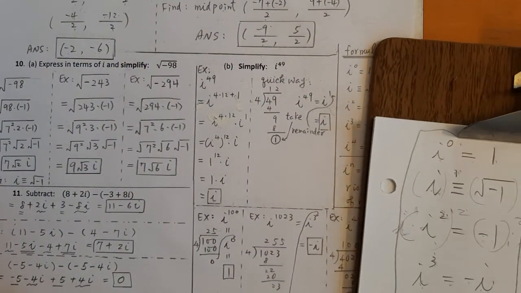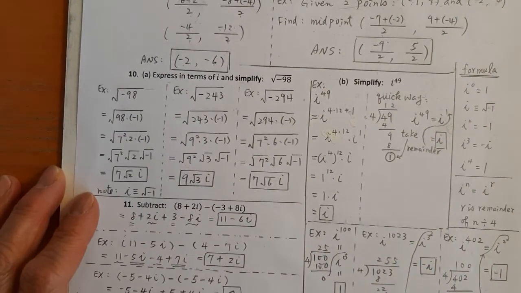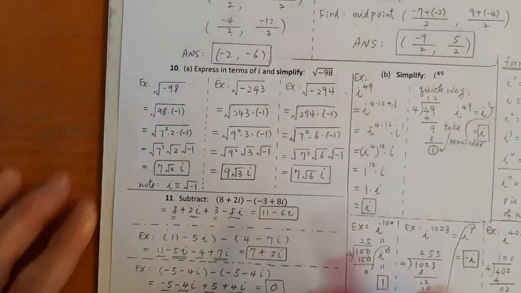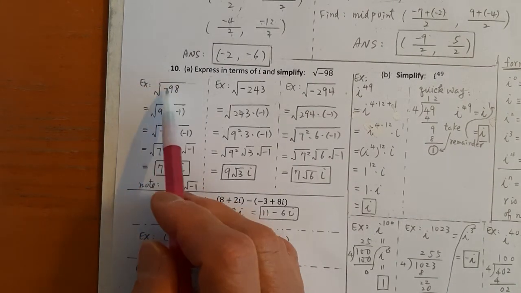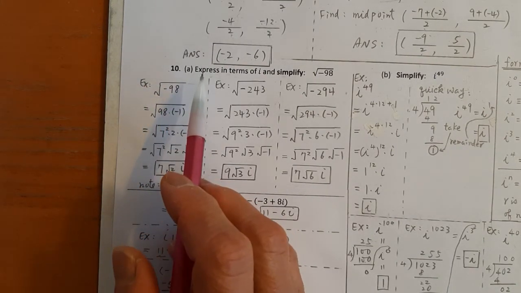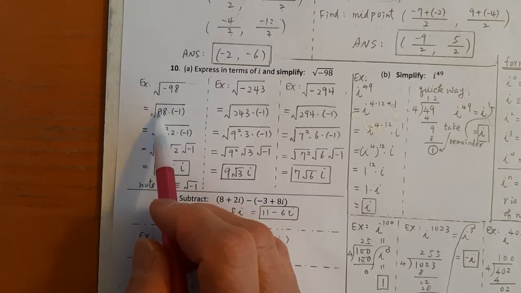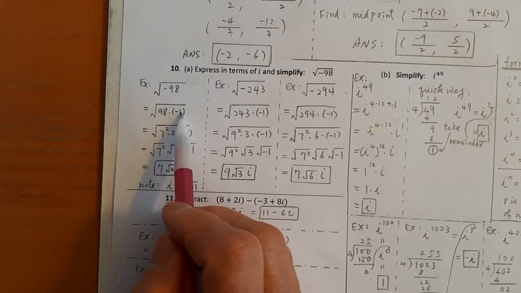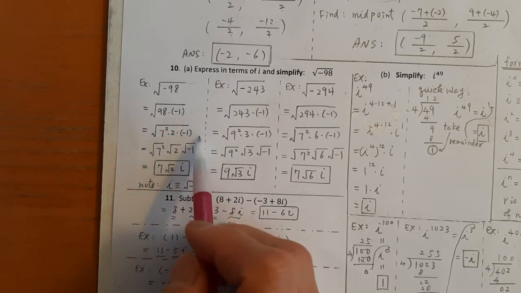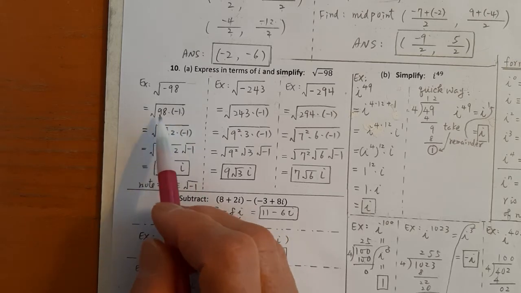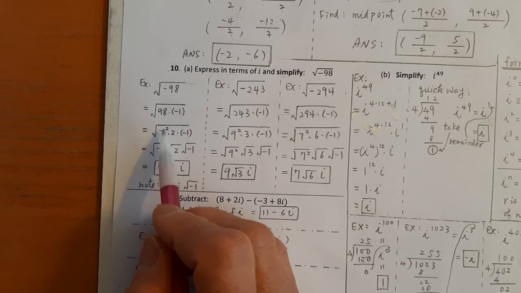Then I'm going to talk about how to simplify. So let's talk about the first question. Question 10a. Square root of -98. Since we can put -98 as 98 times -1, by the product of the radical rule, separate, take square root. 98 divided by 2 is 49. 49 is 7 squared.